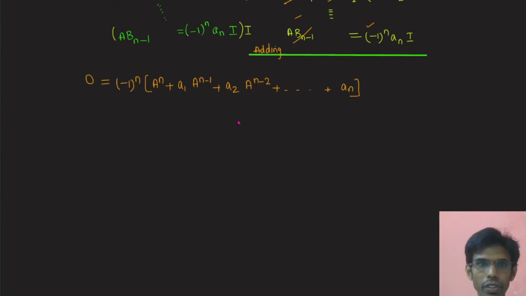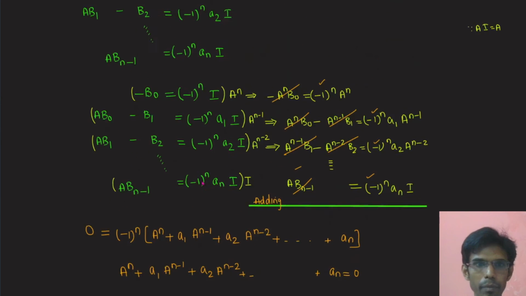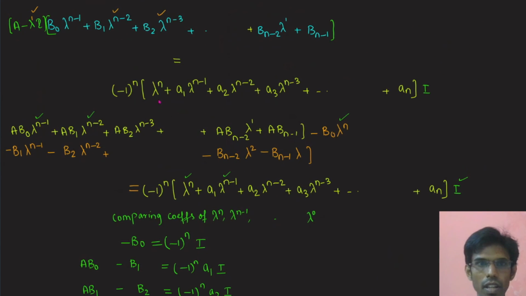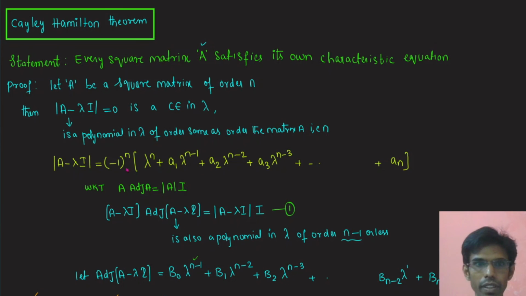Now if I equate this to 0, then I'll have A^n plus a1 A^(n-1) plus a2 A^(n-2) plus and so on, up to a_n. Now look here, this is the lambda^n determinant. See here, we have lambda^n, a1 lambda^(n-1).